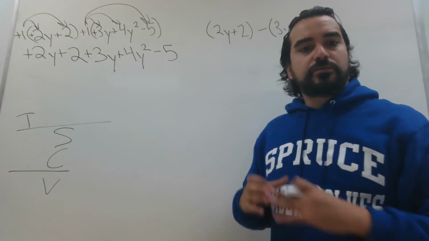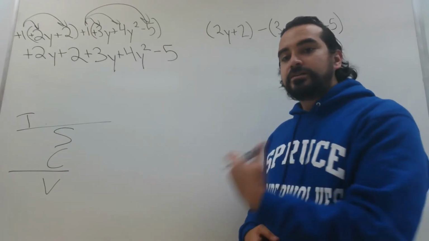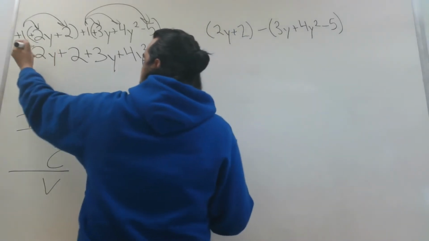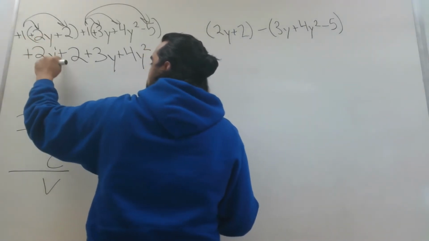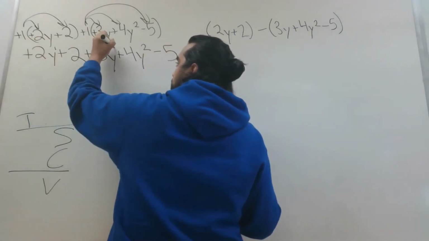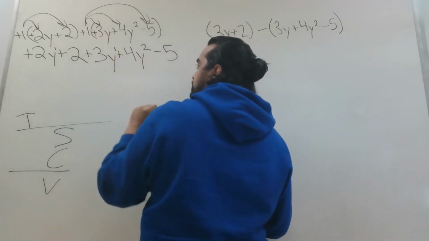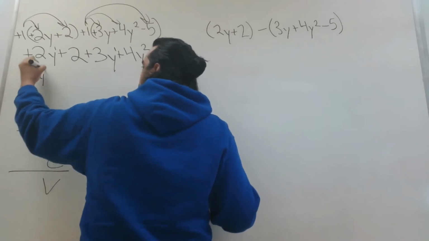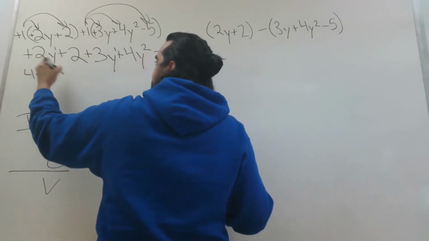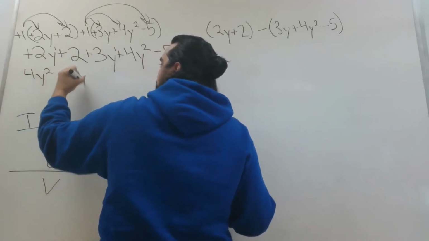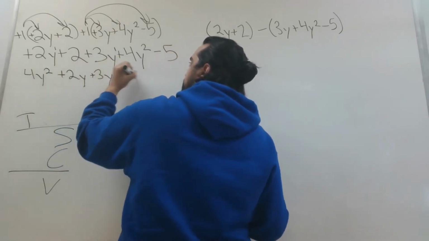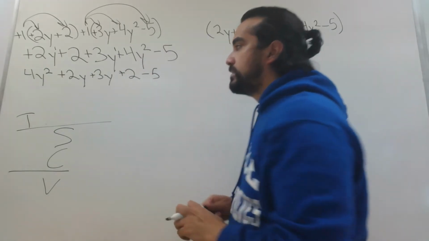Now that we have this, we're going to rearrange them by greatest degree. So we have a degree of 1, a constant, a degree of 1, and a degree of 2. So we're going to put 4y² plus 2y plus 3y plus 2 minus 5.